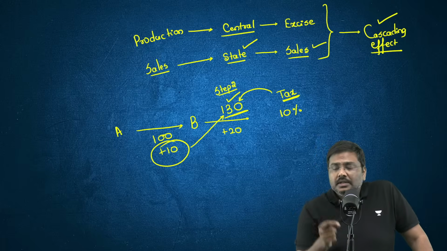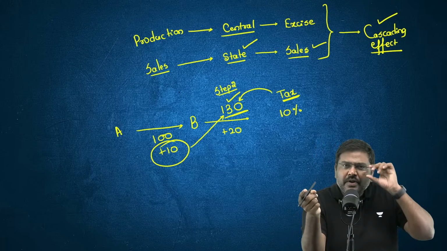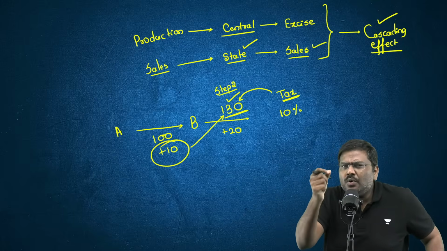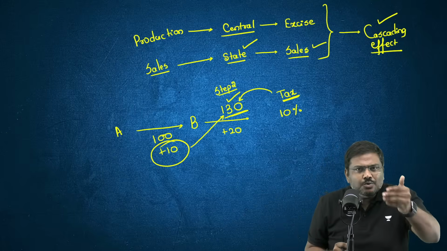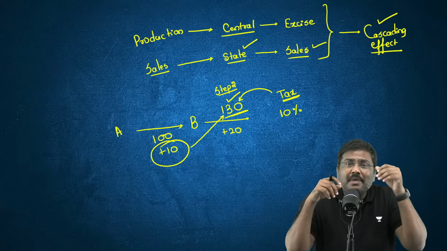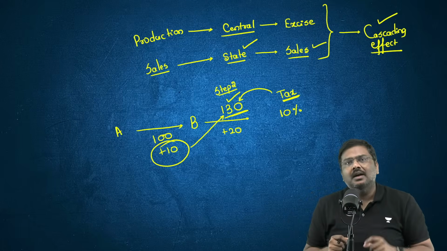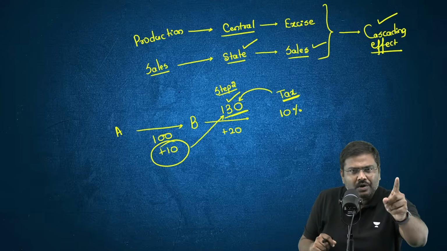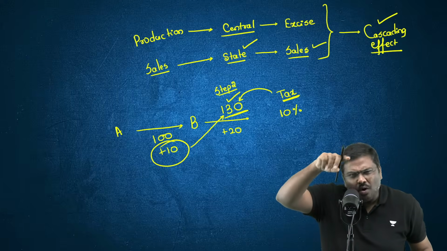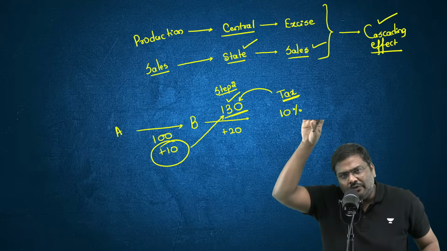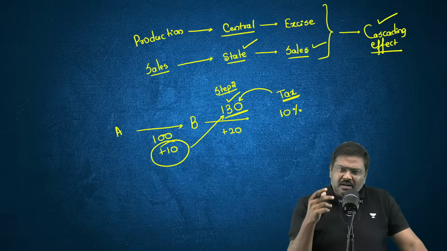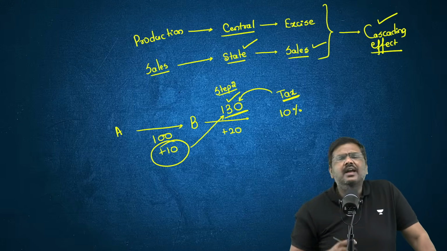Reason being, the indirect taxes paid by the manufacturer are on a product. Who is going to use the product? Consumer will be using the product, right? So if the consumer is going to use the product, why should the manufacturer bear the indirect taxes? It has to be paid by the consumer only. That's the reason all the indirect taxes, the burden finally will fall on the consumer only. Right? So in the cascading effect, the burden of taxation on the consumer was very, very high.